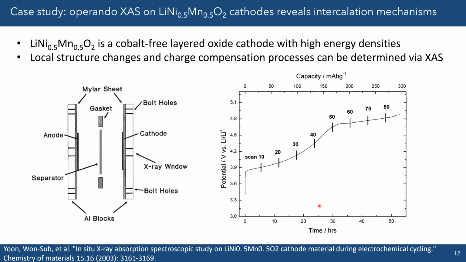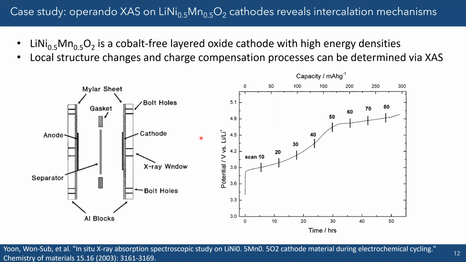So now I've gone over pretty much the basics of XAS data, how it's split into XANES spectra and EXAFS spectra, what data we can get from each different part of the spectra, and how it's interpreted. So now I want to go to a case study.